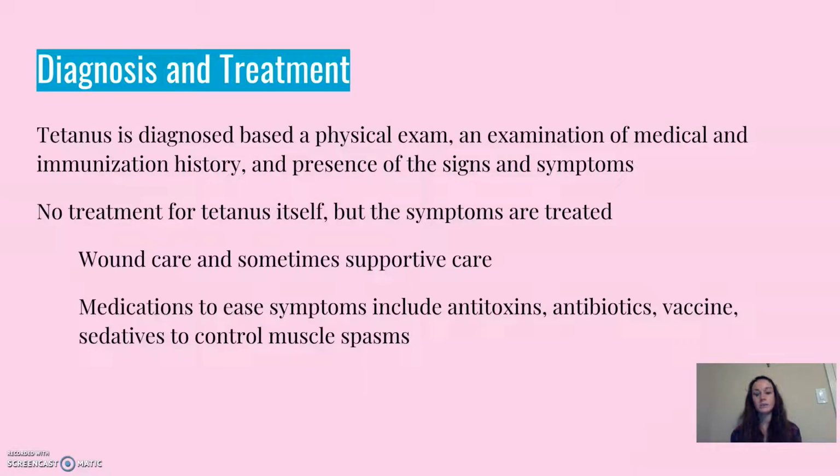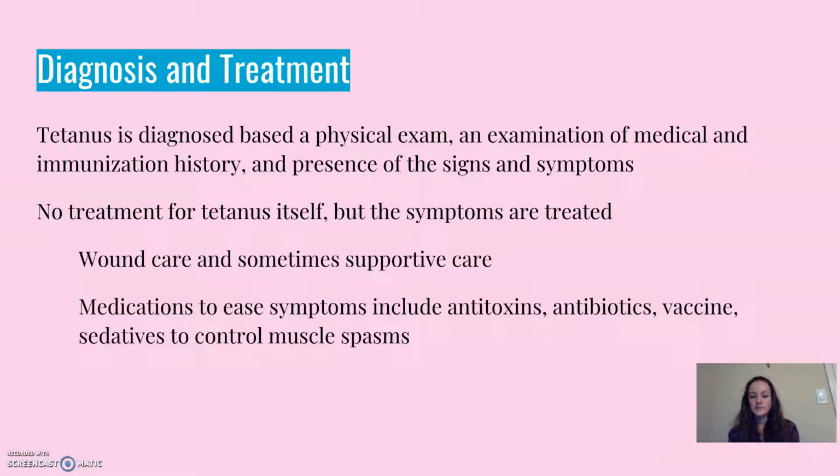However, you can't get rid of the tetanospasmin that's already bound to your nerves, so you have to treat just the symptoms. First, you need to clean out the wound if it hasn't been cleaned properly, to make sure that any more Clostridium tetani, if it's growing in there, is taken out. Most patients need supportive care, which is just hospital stays, and a lot of them end up needing ventilators to help with their breathing.